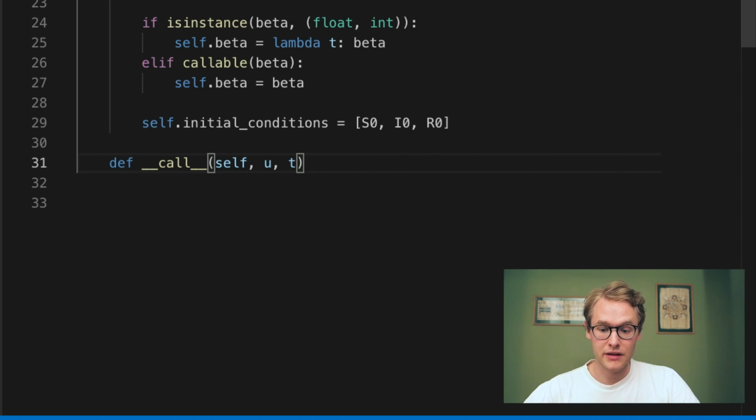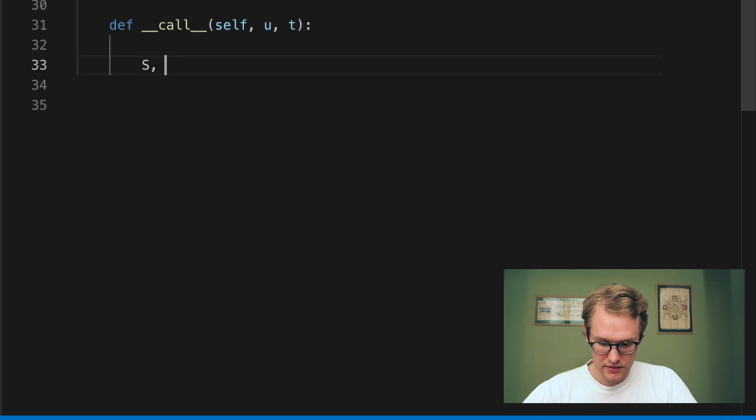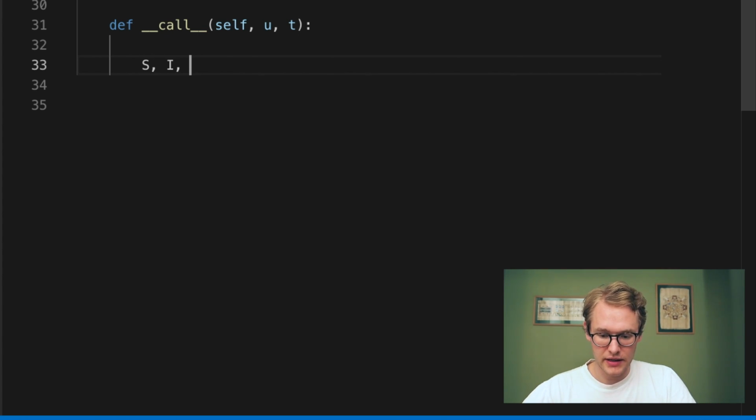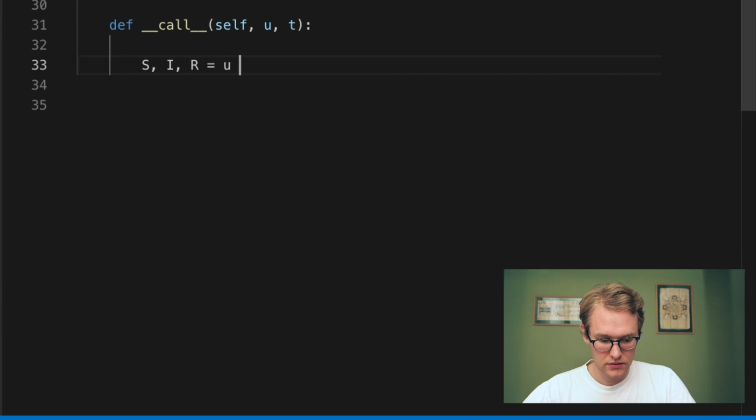So the u here that we put into this call method will be where we're currently at this t. So from this u we will be able to get the S, I and R, like so.